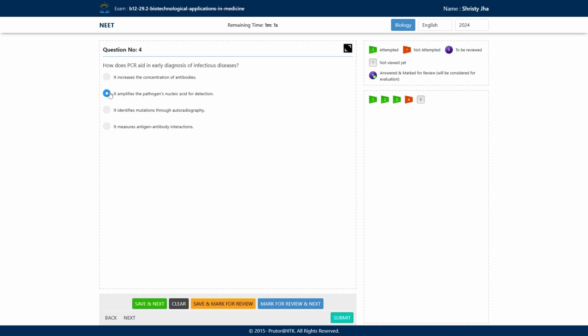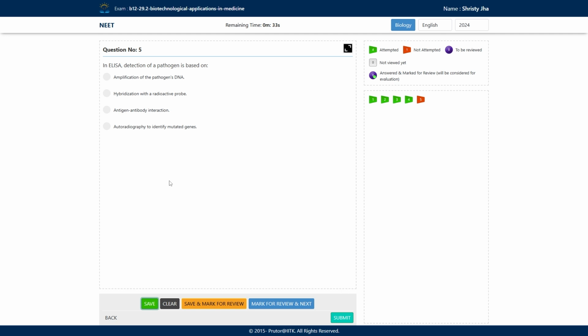Third option: it identifies mutation by autoradiography, no. It measures antigen antibody interaction, no. What it does is amplify the pathogen DNA or RNA, which is nucleic acid, for detection. Even if we don't have symptoms of that disease, because even a smaller amount of the nucleic acid of that pathogen is present inside our body, we can detect it through PCR.